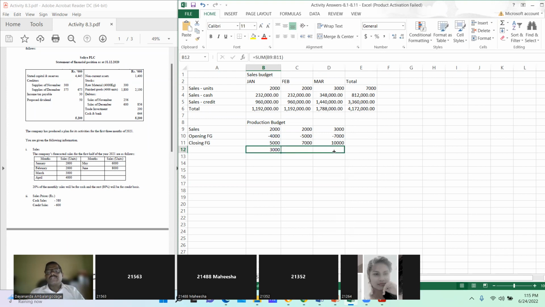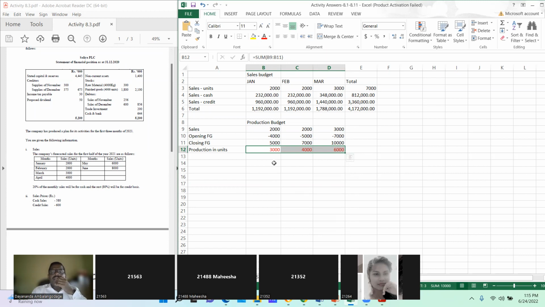So this is the production requirement in units. You have to produce in January 3,000 units, 4,000 units, and 6,000 units respectively. That is the production.